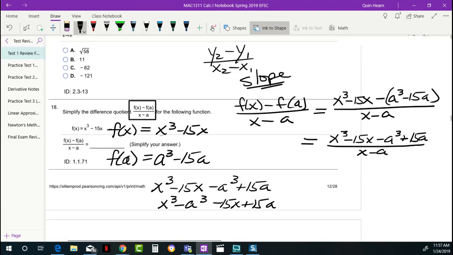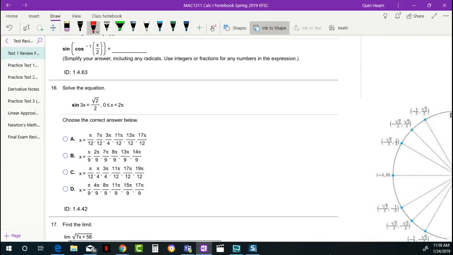Remember that the formula for factoring a cubed minus b cubed is a minus b times a squared plus ab plus b squared.